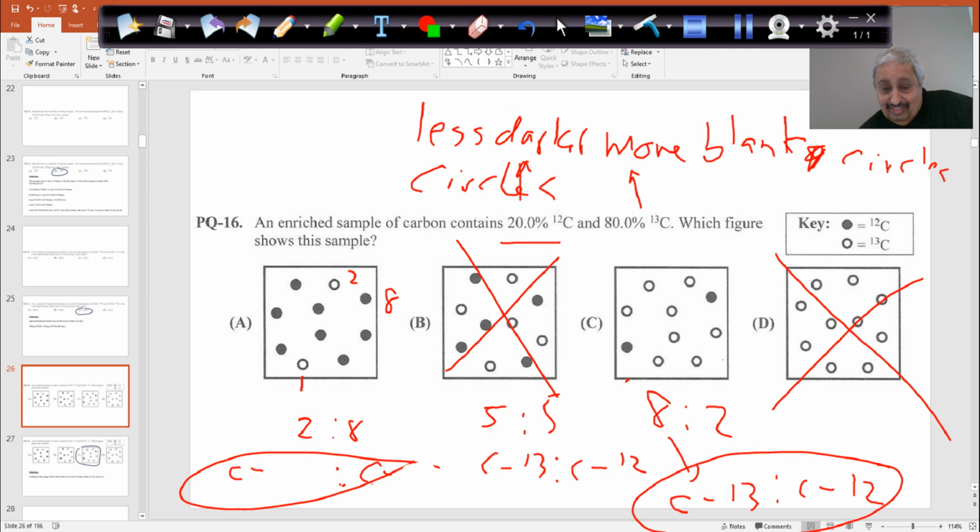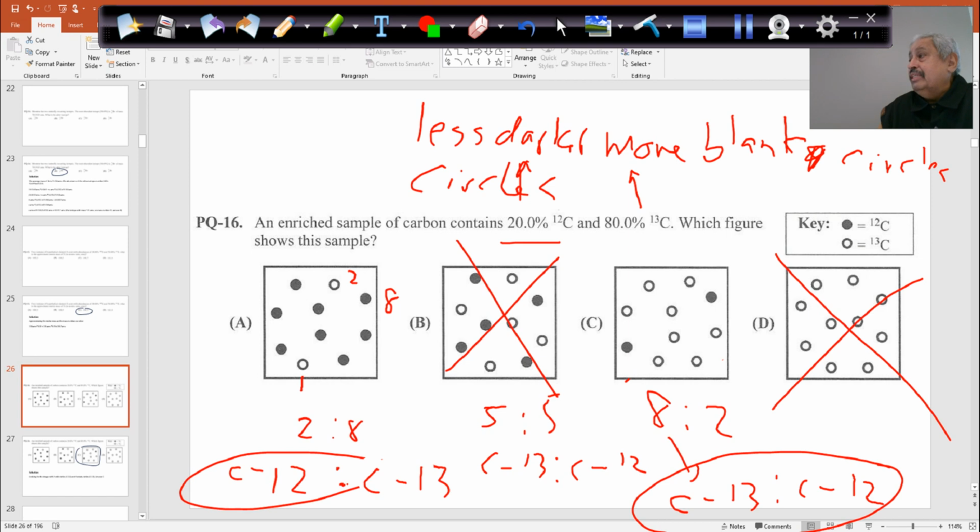Correct? That's the reverse. So the black ones here are carbon 12, and the blank ones are carbon 13. So which is correct, this or the other one? A or C? C, correct? C. So I took the percentage as the absolute number of the circles.